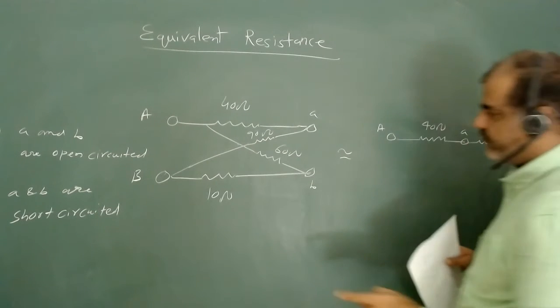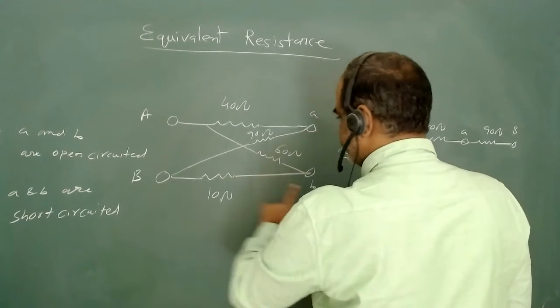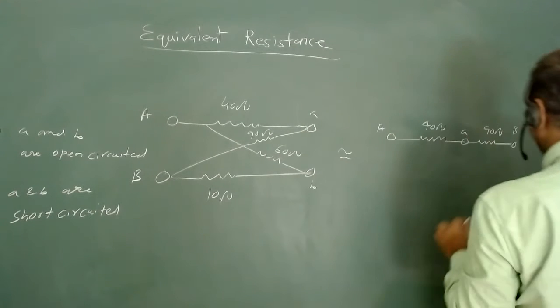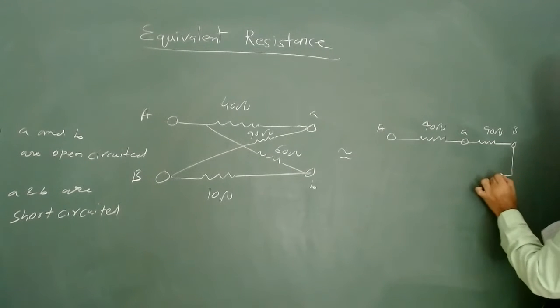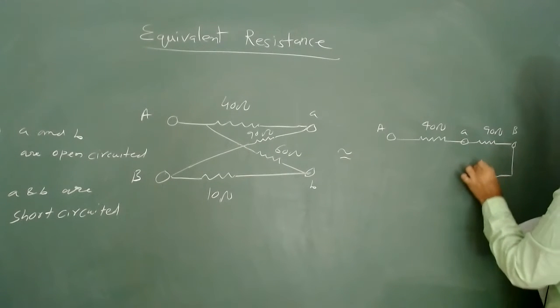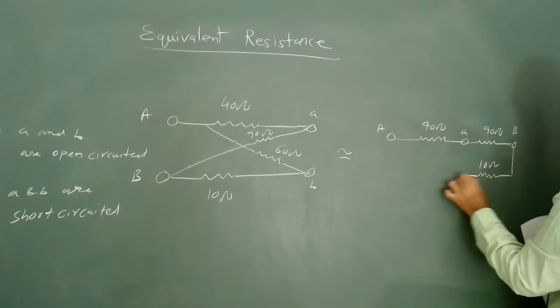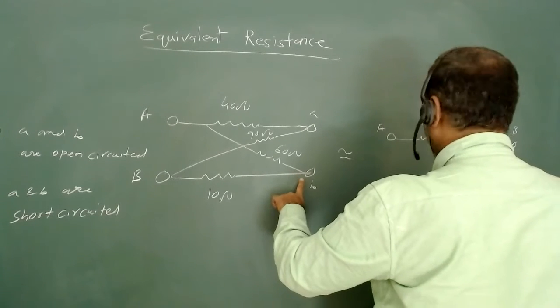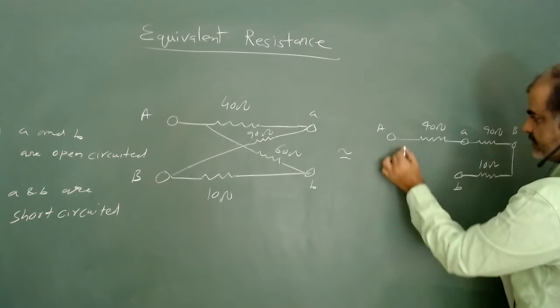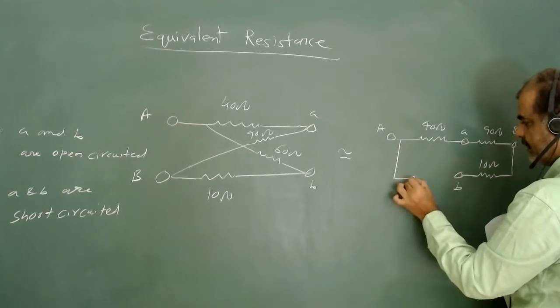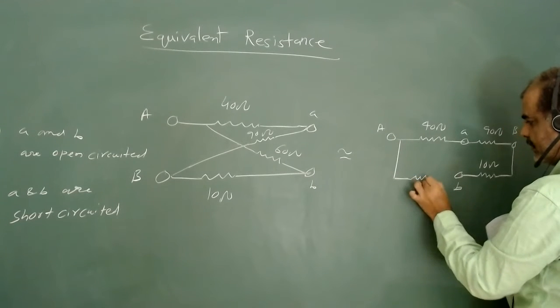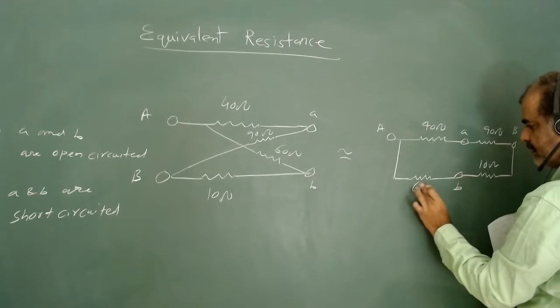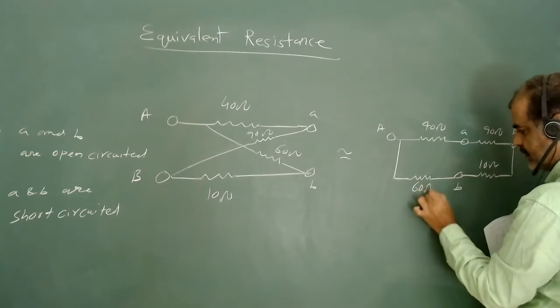Now from B to small b, I have a 10 ohm resistance. And then from B to A, I have a 60 ohm resistance.